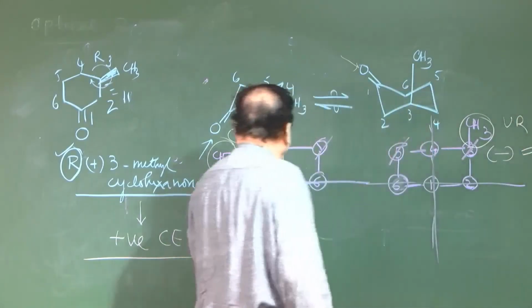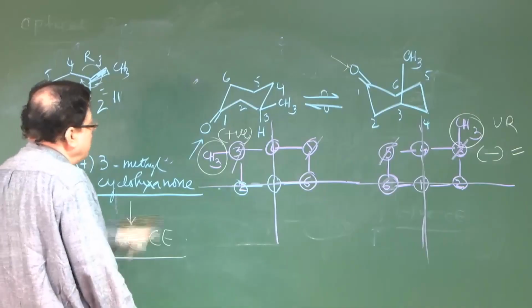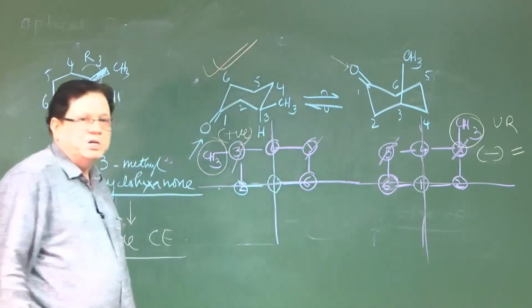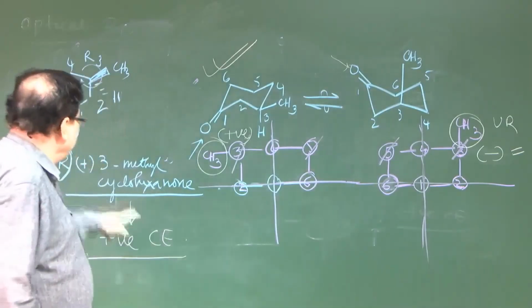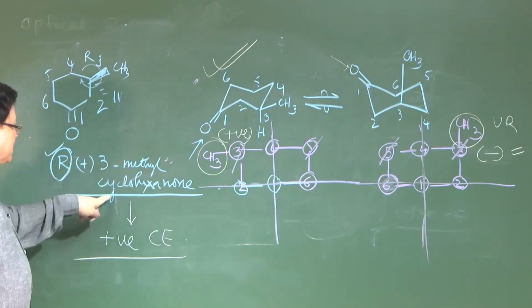So, now it is clear that this is showing positive Cotton effect. If it is showing positive Cotton effect, that means this is the preferred conformation of this molecule, namely R plus 3 methyl cyclohexanone.